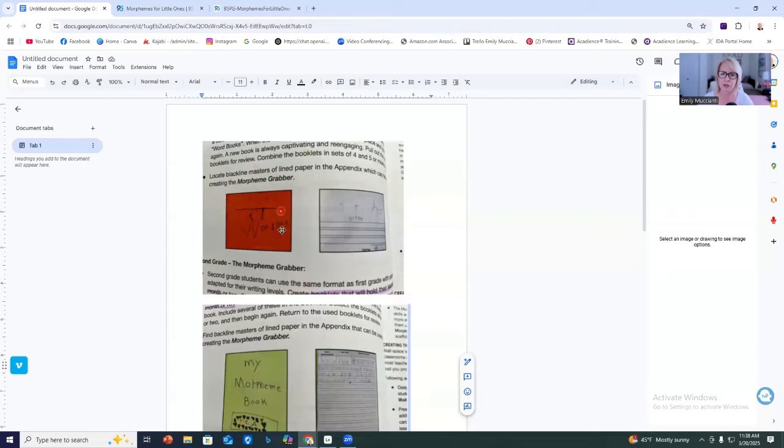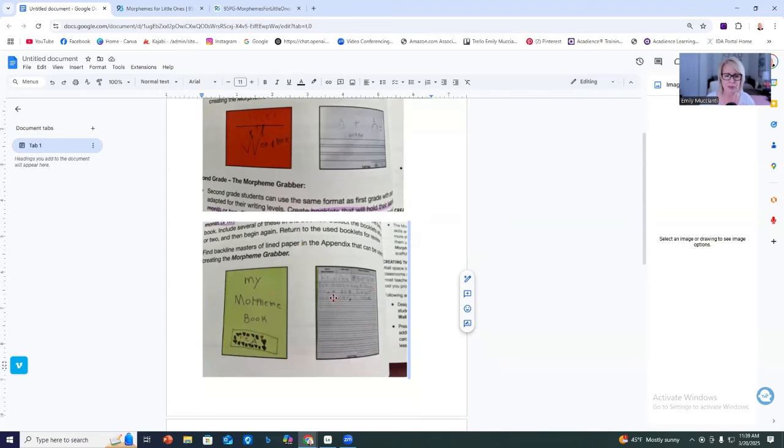There are Blackline Masters in the back, where the teacher actually creates small little booklets. And so for the youngest level, she recommends, I think it was for a week or two, that they hold their work and then they can use that later. And she gives them new booklets every couple of weeks.